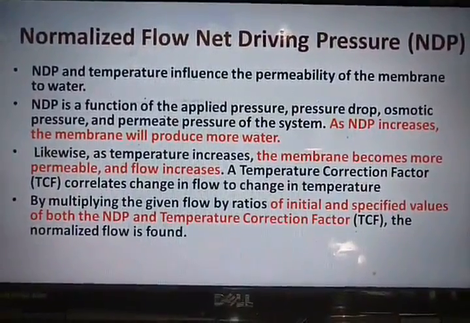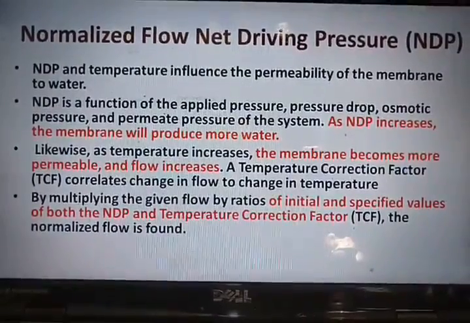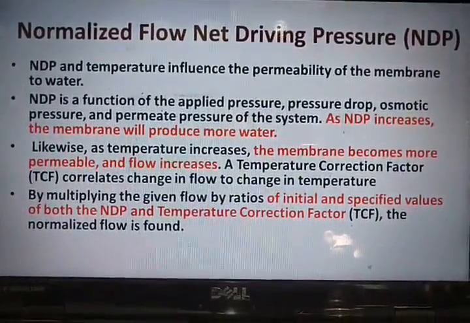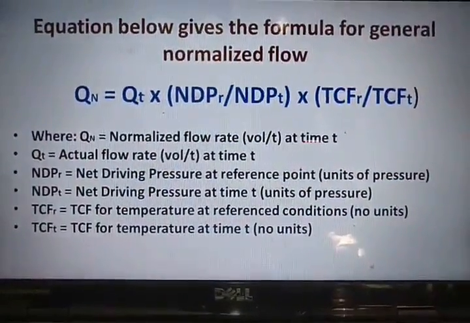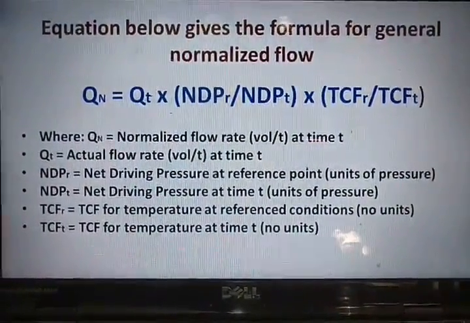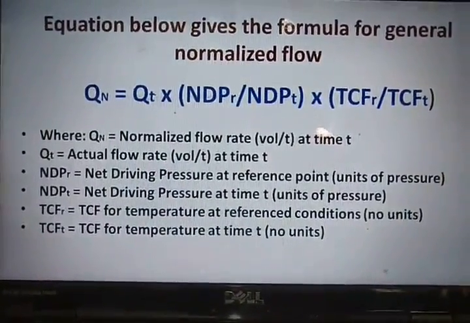Since normalization is directly dependent on pressure and temperature, we have developed an equation considering the pressure and temperature correction factors.